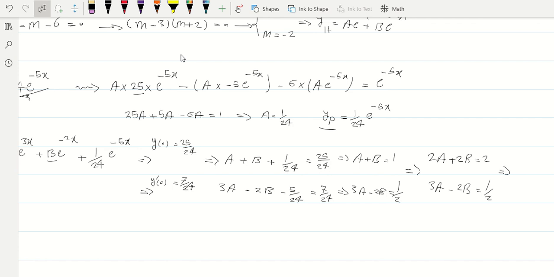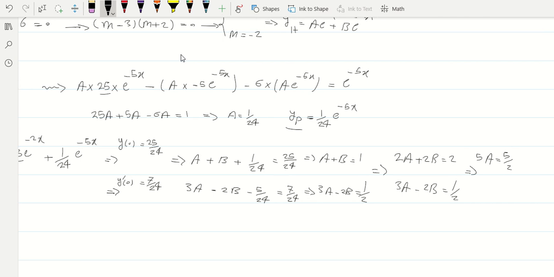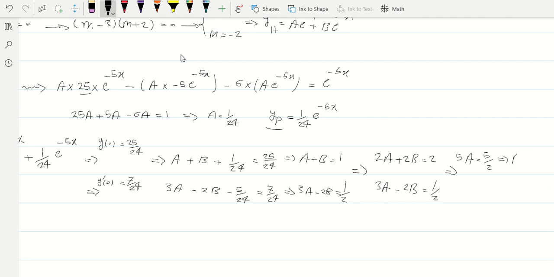Now I can just add up these two equations and my b value would be omitted and I will be left with a only. So I can calculate a. If I add them up, it would be 5a is equal to 2 plus 1 over 2, which is 5 over 2. So that means my a value would be equal to 1 over 2.